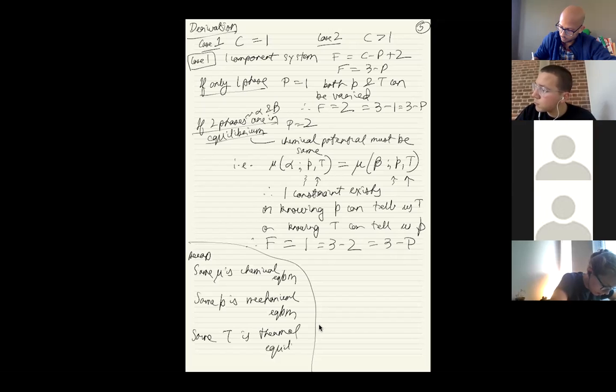So when we say constant pressure and temperature, we are really talking about a material that is under mechanical equilibrium and thermal equilibrium. And now we are talking also about chemical equilibrium. And really for equilibrium, we need to have all three.